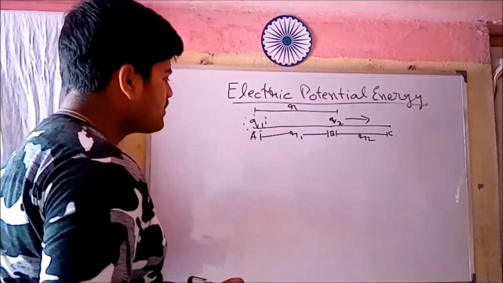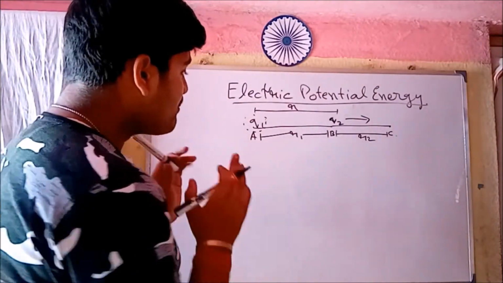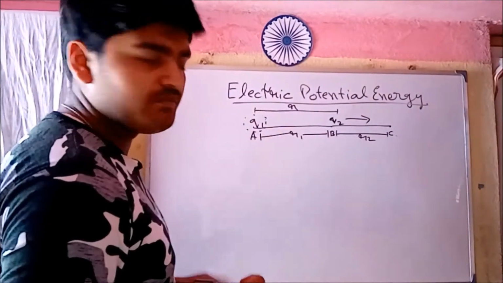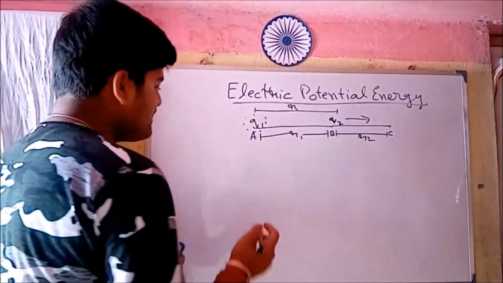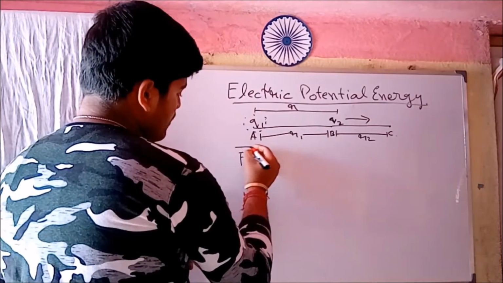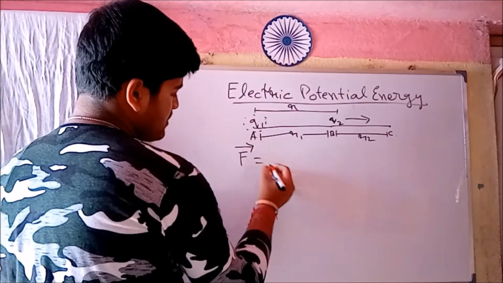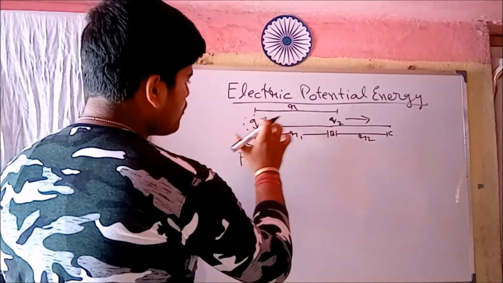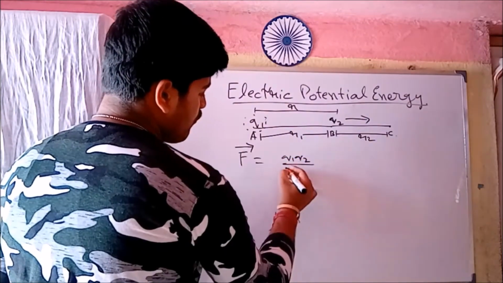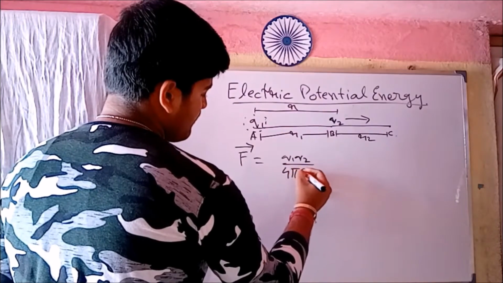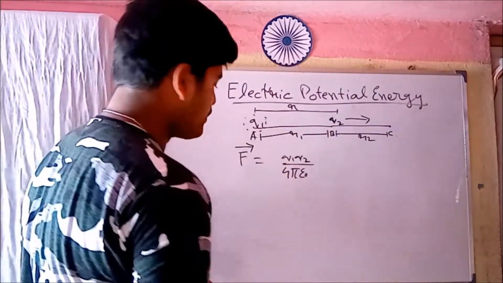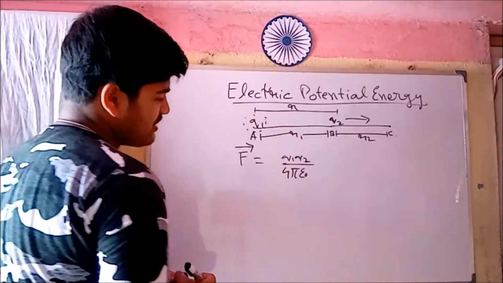From here we know the force between these two charges, according to Coulomb's law: F vector equals Q1 Q2 by 4 pi epsilon naught, where 1 by 4 pi epsilon naught is termed K, the force constant or Coulomb's constant.